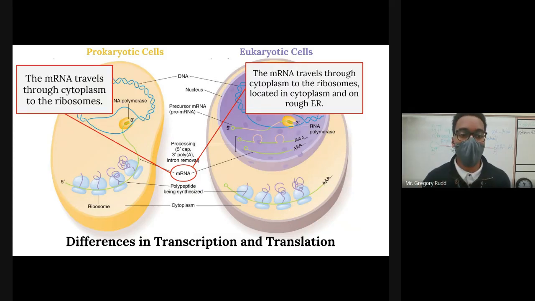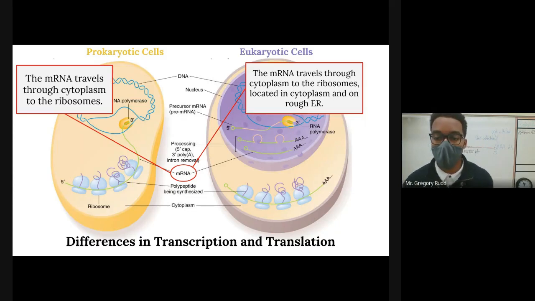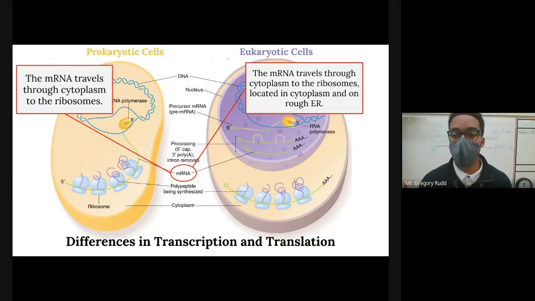So in prokaryotic cells and in eukaryotic cells, there has to be some travel taking place. You don't need to write this necessarily. You should remember from Unit 2 that we've got ribosomes located in the cytoplasm. We call those free ribosomes because they are just floating around through the cytoplasm, not attached to anything.